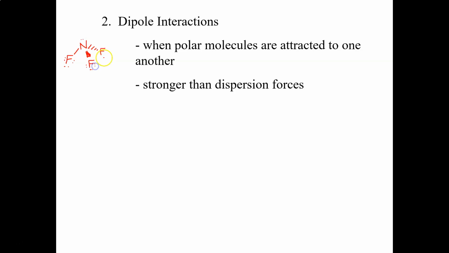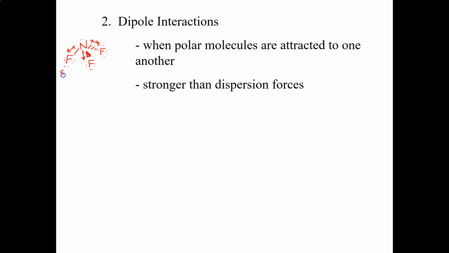So this is what an NF3 looks like. Now, if I looked up the electronegativity of N and the electronegativity of F, the difference between those is greater than 0.4. In fact, F is the most electronegative element in the entire periodic table. So it pulls on the electrons away from the nitrogen toward the fluorines.